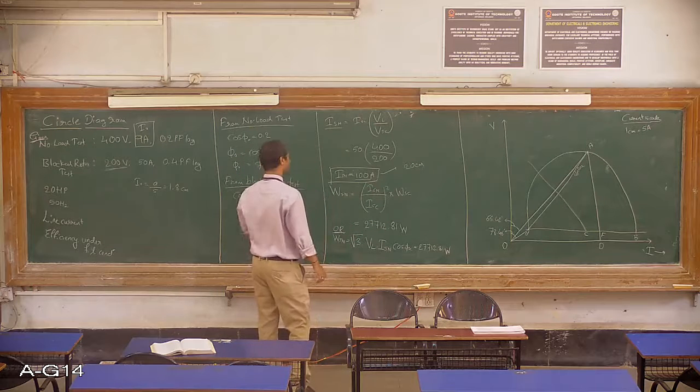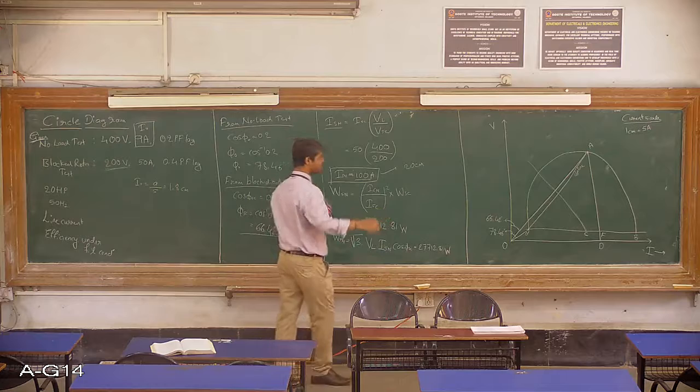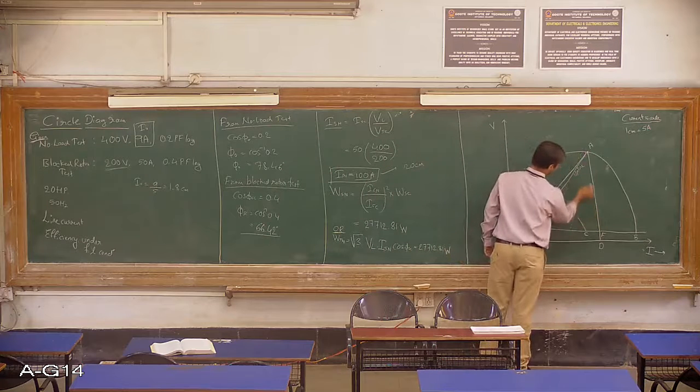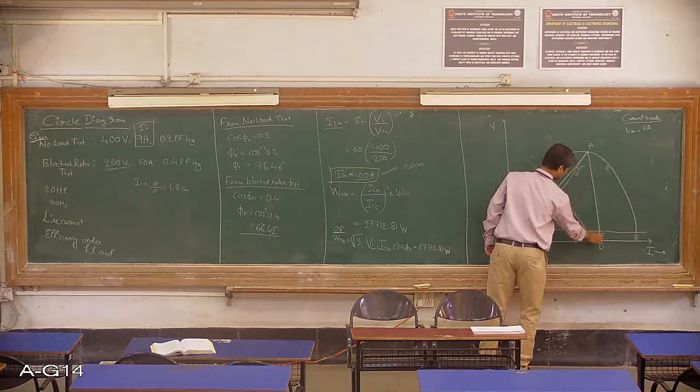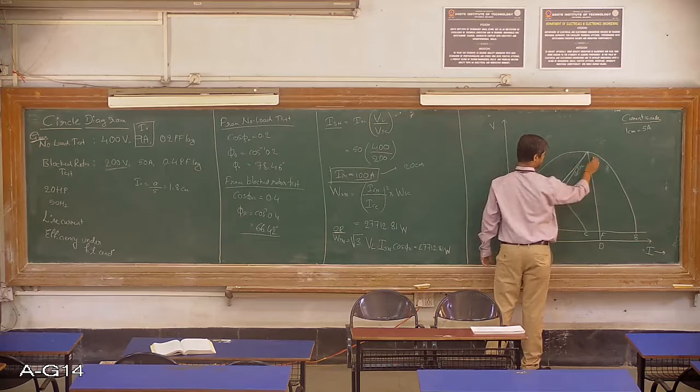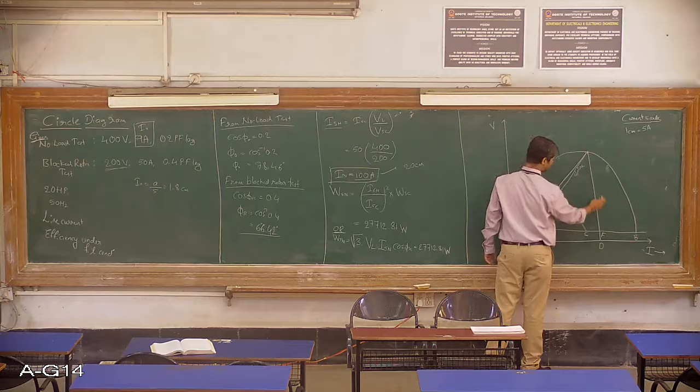Now the full load condition, just now I had explained to you, this is the full load condition, but this entire length is nothing but the loss of the machine, because this belongs to rotor copper loss, then stator copper loss, and then the constant loss.